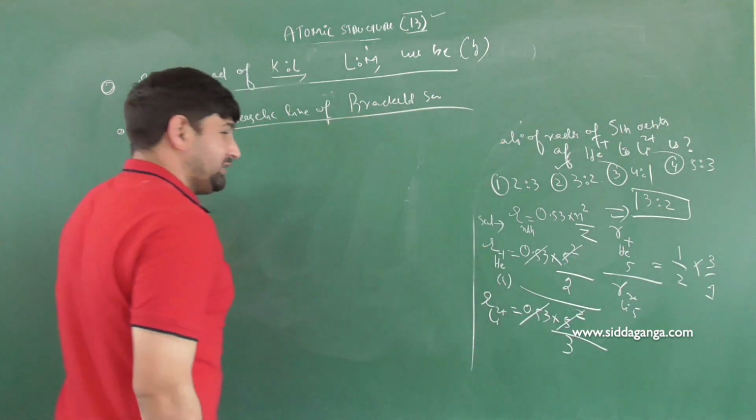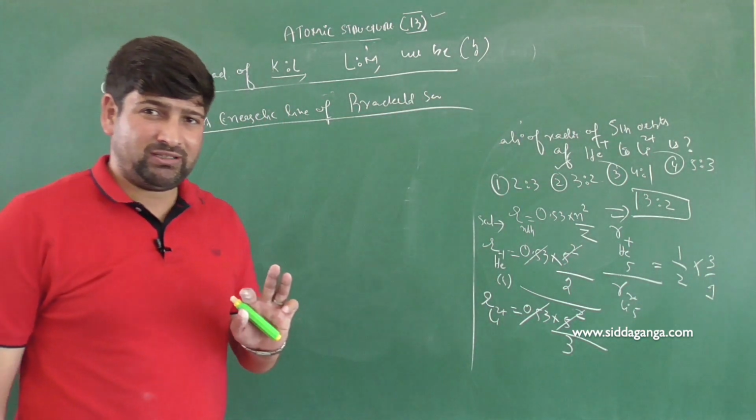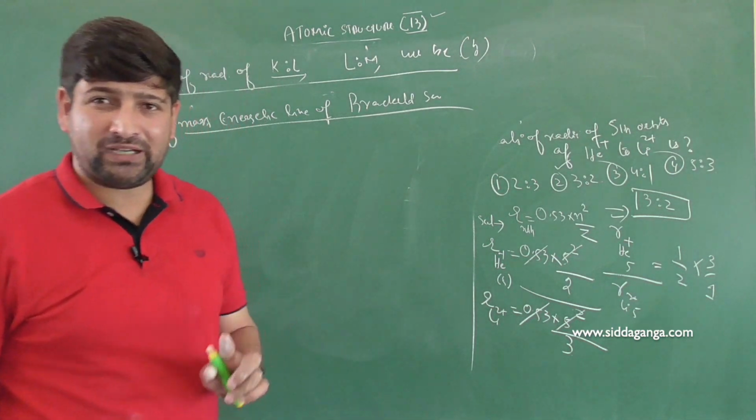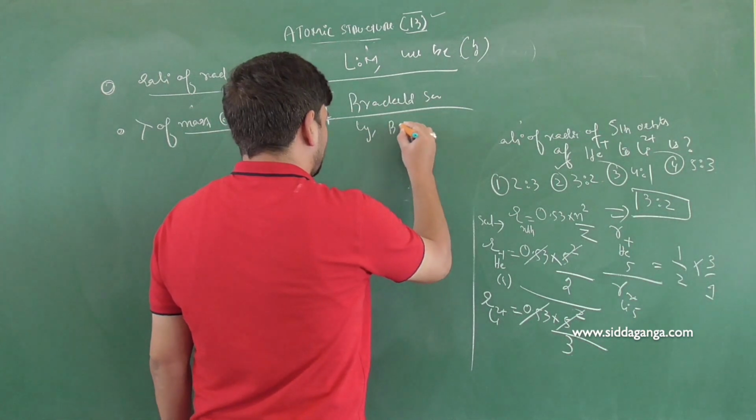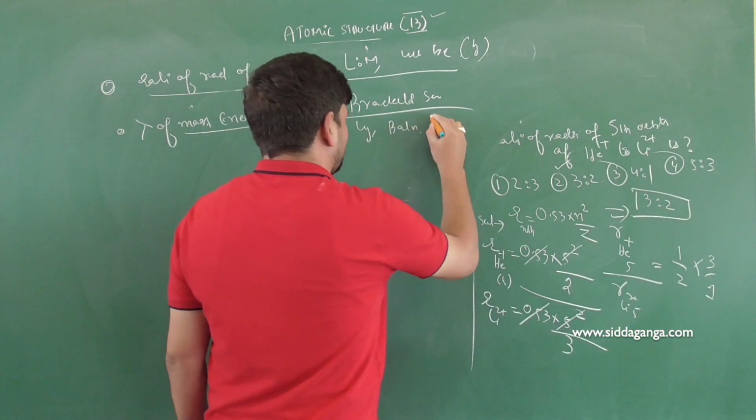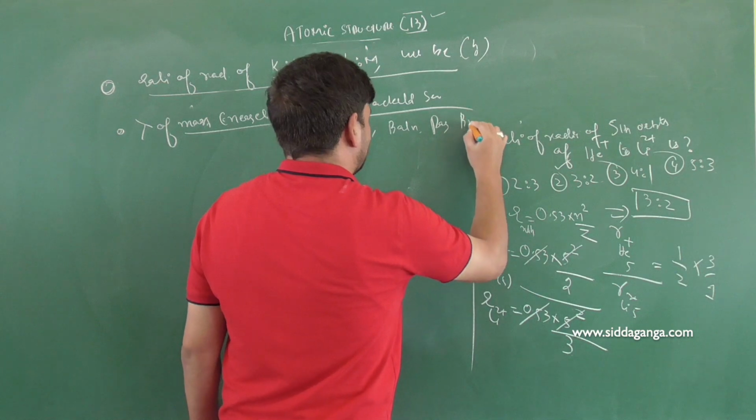Now all of you should tell me what Brackett series means. Lyman, Balmer, Paschen, Brackett, Pfund. We have Lyman series, Balmer series, then Paschen, then Brackett.